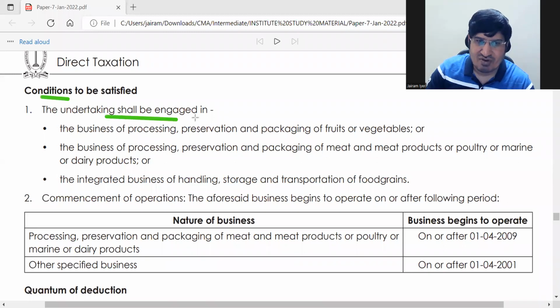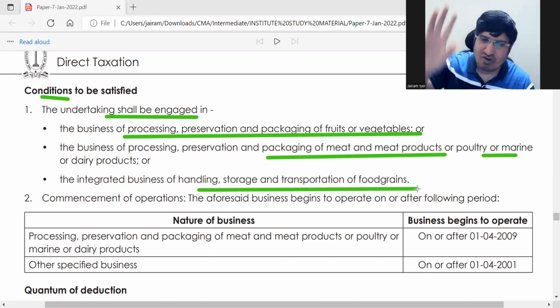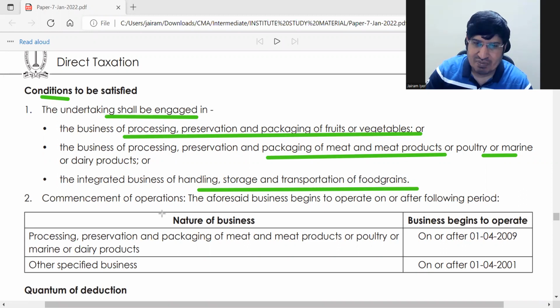Undertaking is engaged in what? Business of processing, preservation and packaging of fruits or vegetables or meat products, poultry, all that, and handling, storage and transportation of food grain, same as you have seen before. Commencement of operations, again leave this date. Date is not important in all these things.